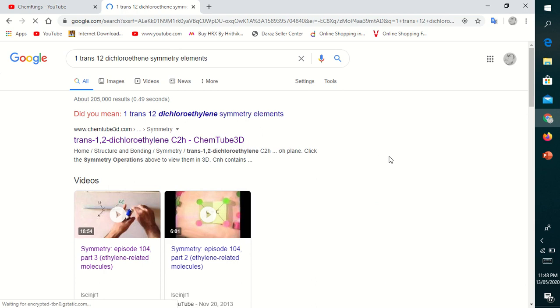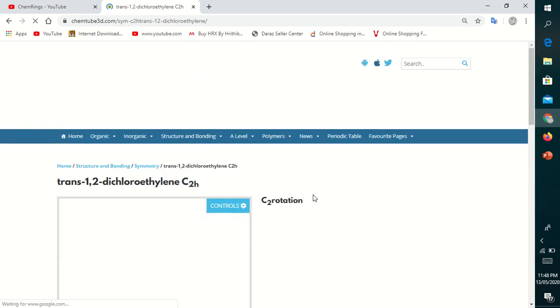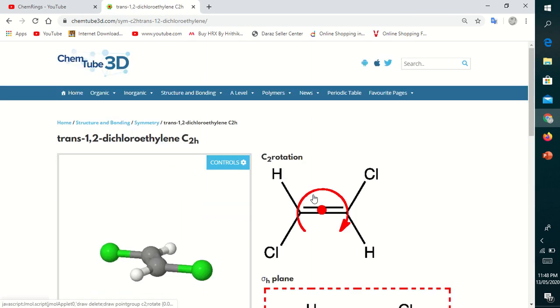Yes, here we can see. I have already told you that there is a website named chemtube3d.com. It provides quite a comprehensive structural description of most molecules.